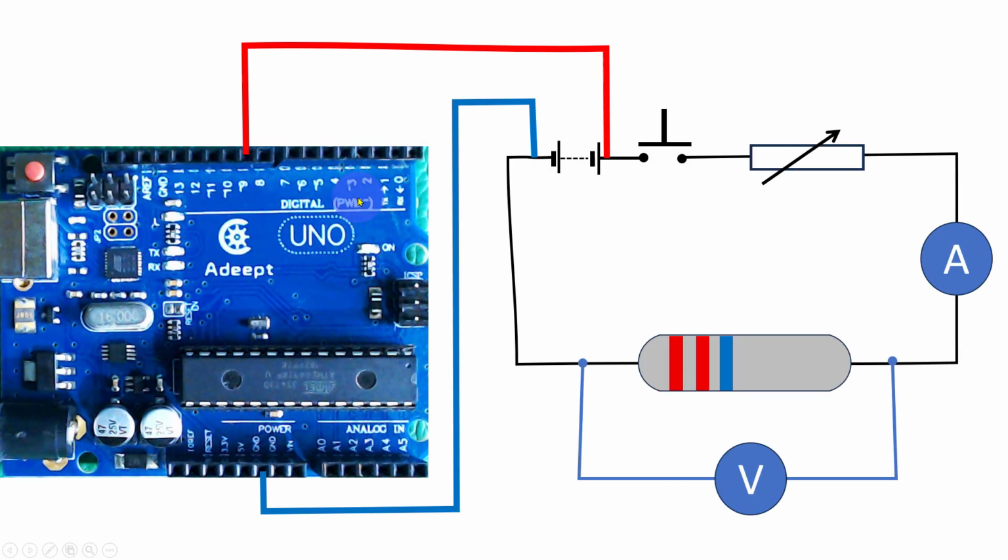For example, in this circuit, I've taken the same circuit and connected one wire from one of the pins of the Arduino, which could be, for example, pin number 9, and I connect that pin as the positive terminal. And then the other terminal is connected to the ground, this pin over here.